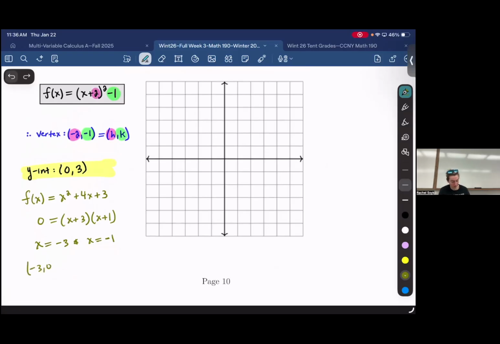Coordinate point form, -3, 0 and -1, 0. This all in orange.